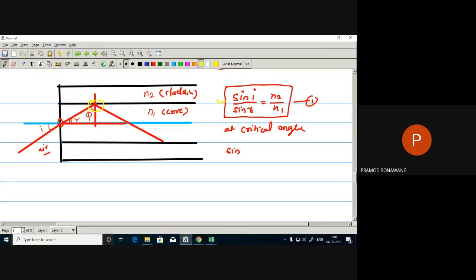Then if I use this instead of this, just forget about this, okay? Leave this for now. Now this is just the general formula. Generally we write this.